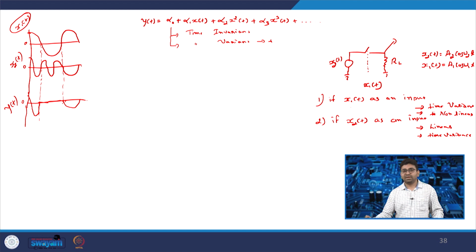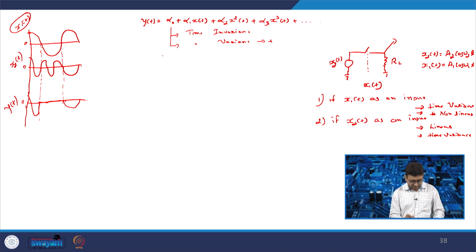This is mostly the mixer, meaning the start of the mixer. When we discuss the RF mixer, we will see more in detail. When you are considering a time variant system, your alpha is also a function of t, but if you are using an amplifier, then you can consider it a time invariant system.